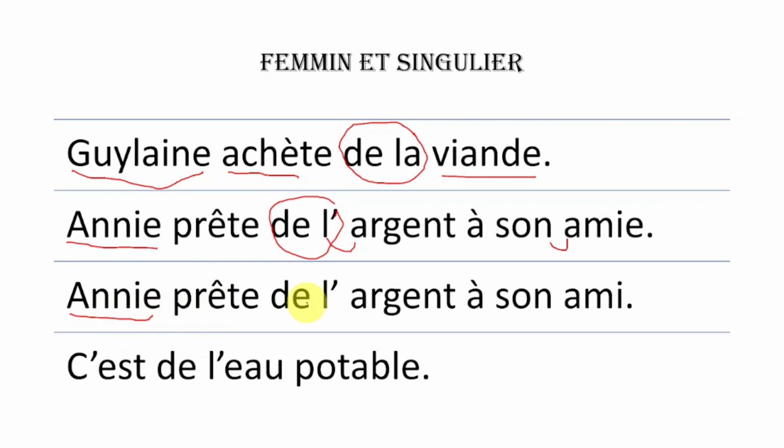So it's okay, we link it. This one is a male friend. This one is a female friend. C'est de l'eau potable. So we link it here. But we use this one.